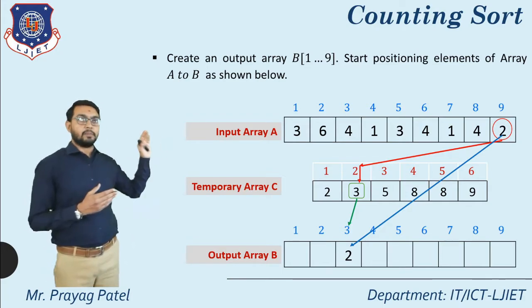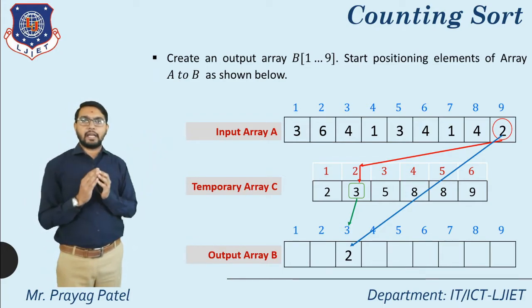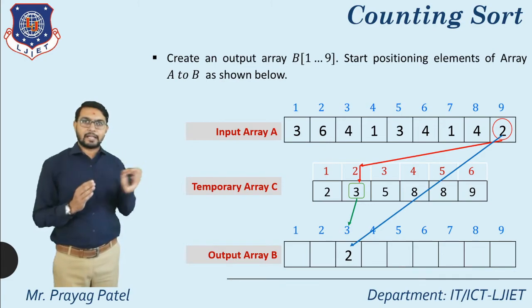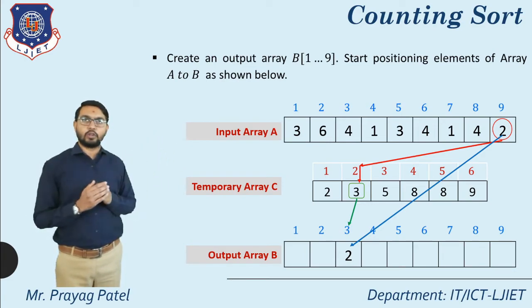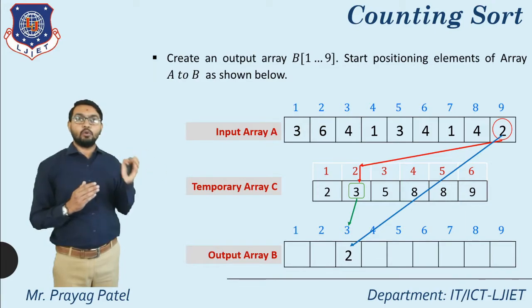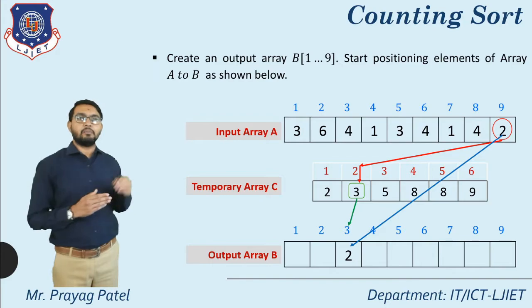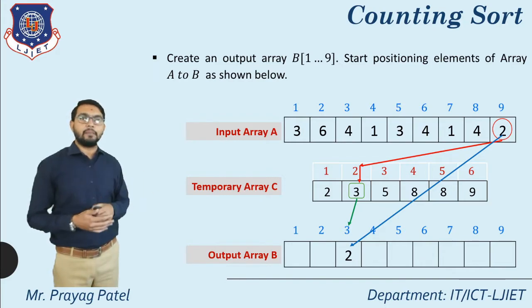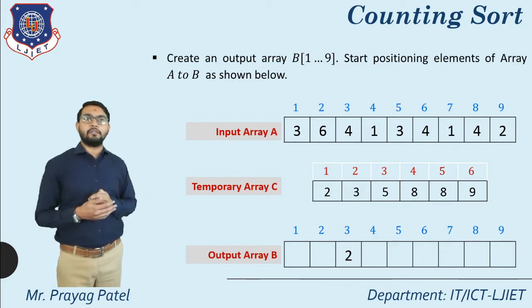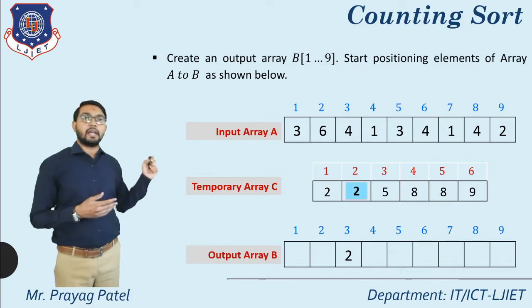So simply, from array A we start the process from the last location and consider the particular value. This value becomes an index of array C, and then the value of array C becomes an index of array B. Now consider the previous location, location 8.